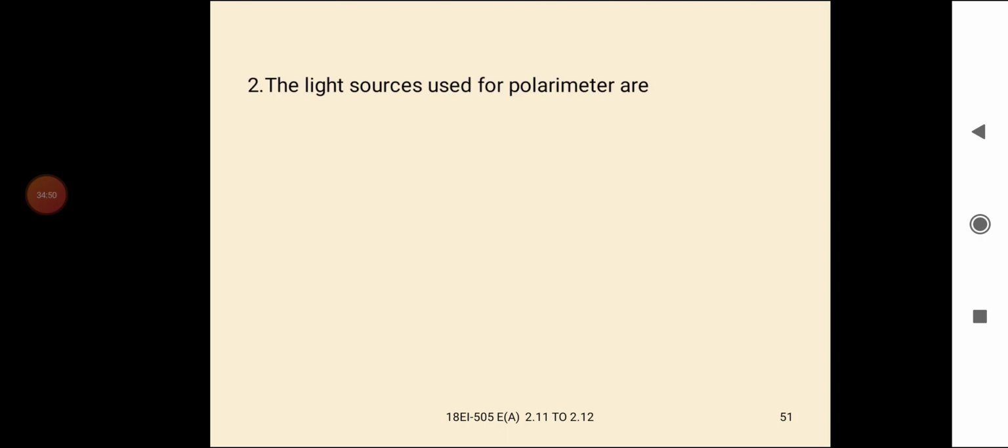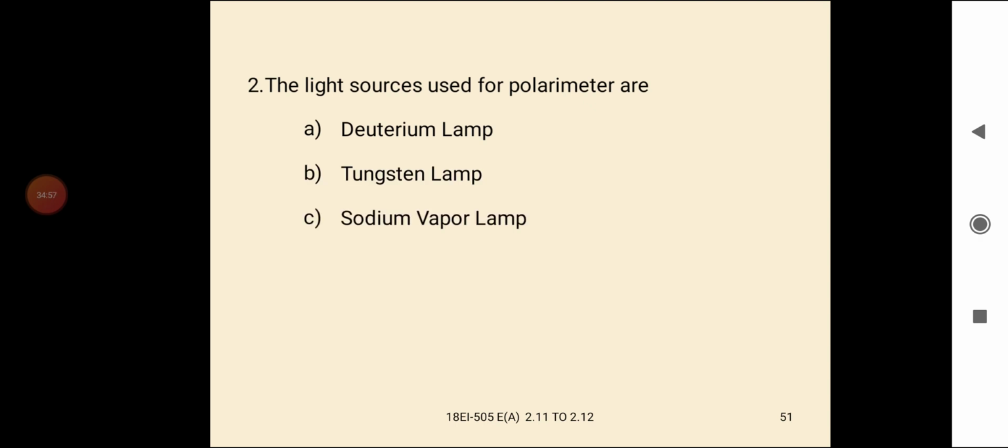Second, the light sources used for polarimeter are: deuterium lamp, tungsten lamp, sodium vapor lamp, all of the above. Sodium vapor lamp, so C is the correct answer.